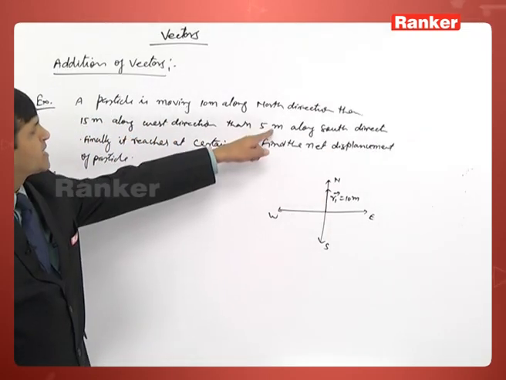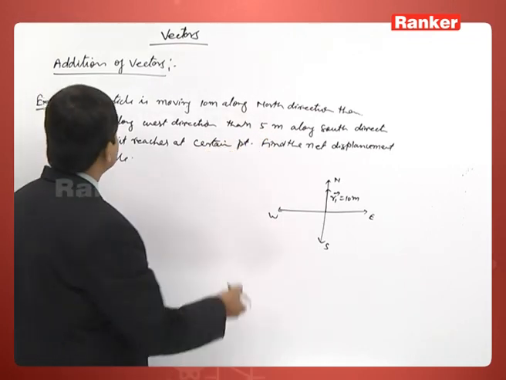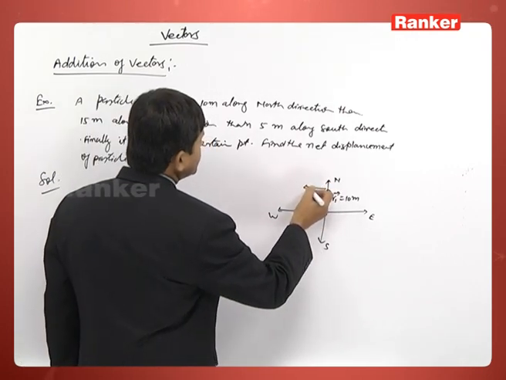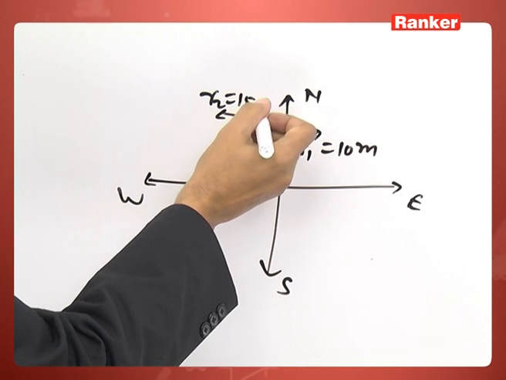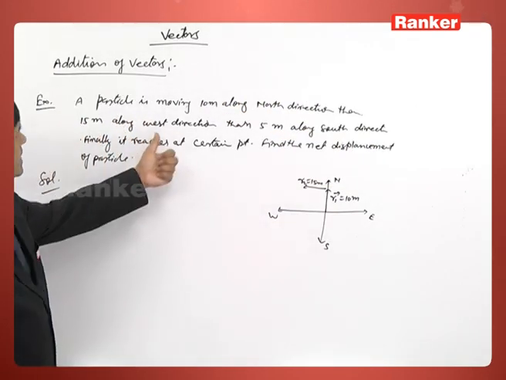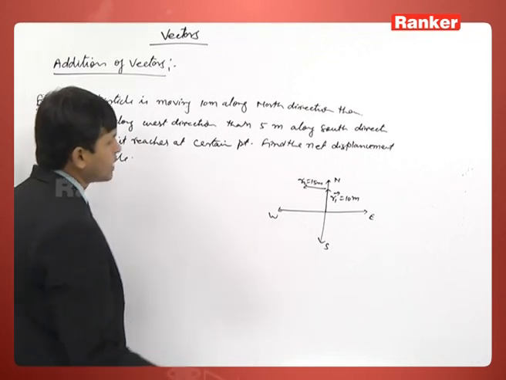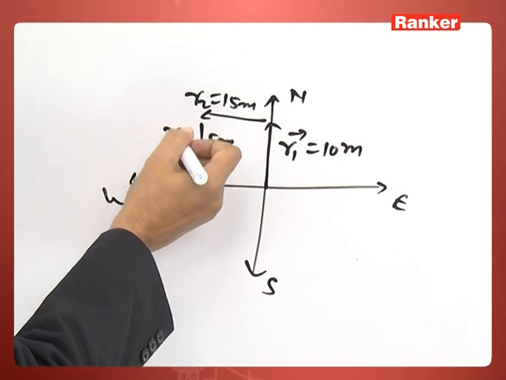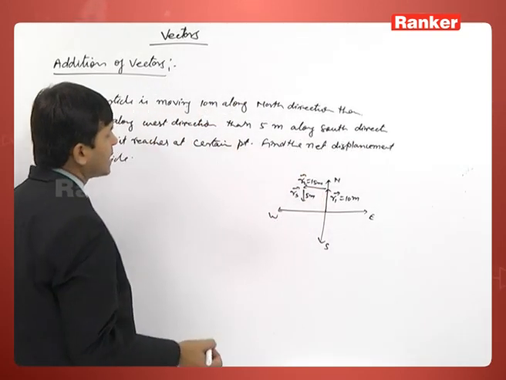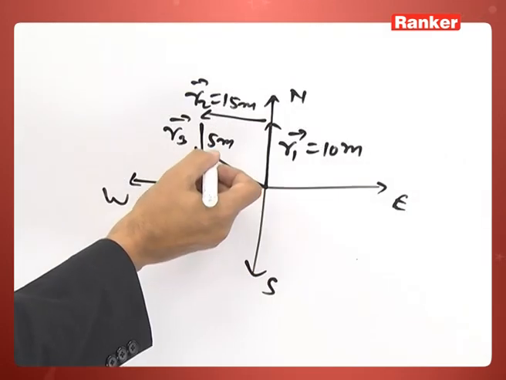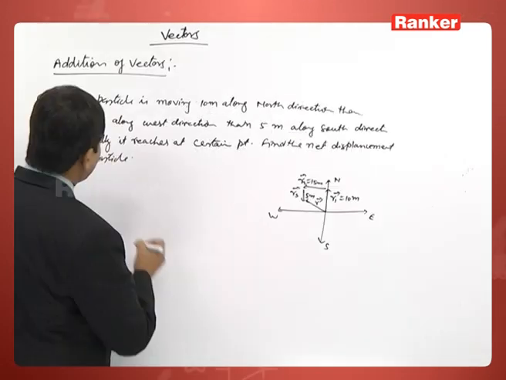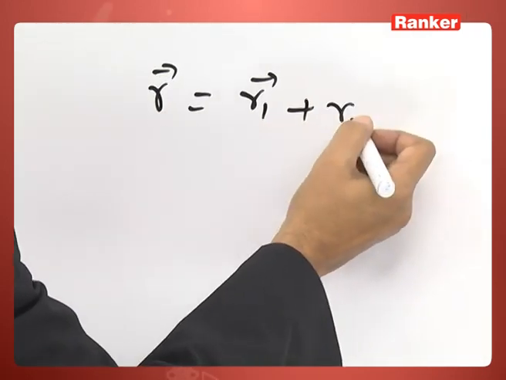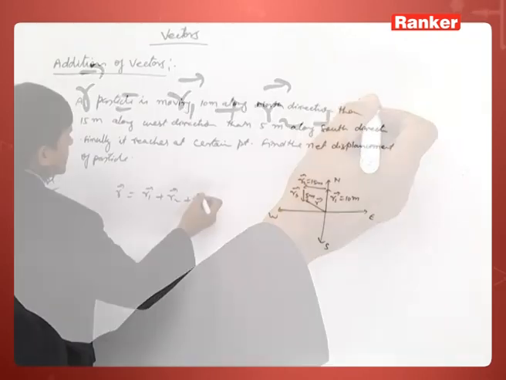Then 15 meter along west, that we can say 15 meter. Then they are saying 5 meter along south, south means downside, this is R3. In fact, they are asking the position of the particle, R. So, R is nothing but R1 plus R2 plus R3.